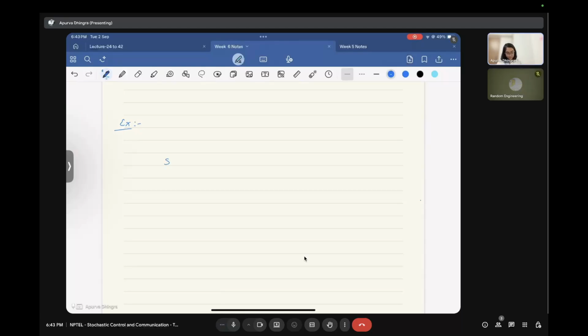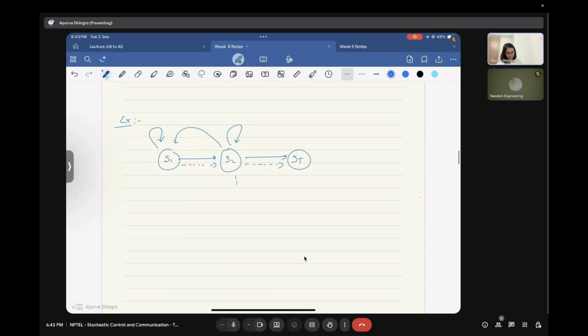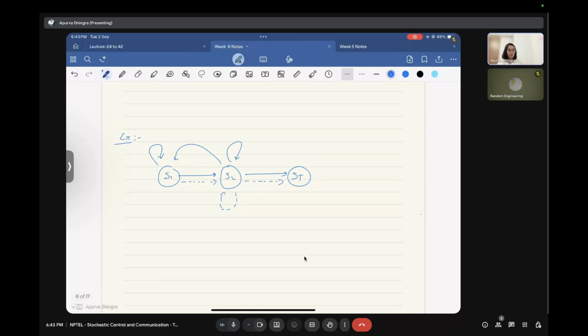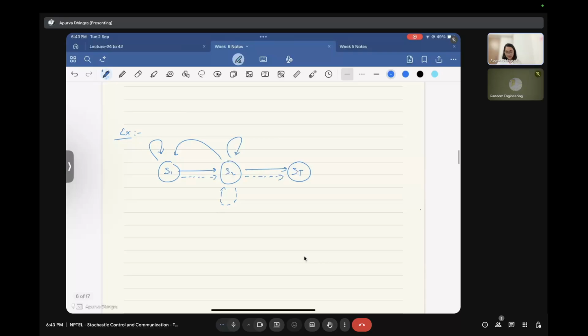I'm not writing the transition probability values and the other things, the rewards and so on.